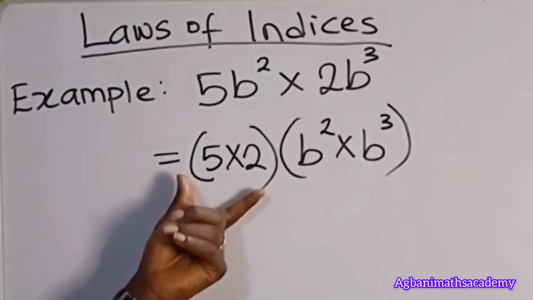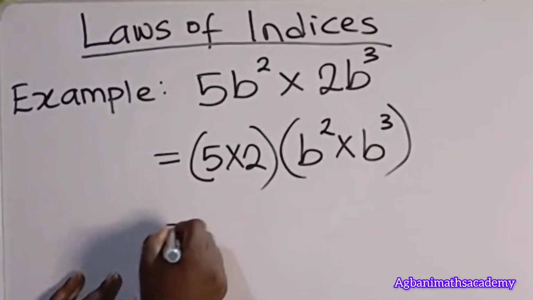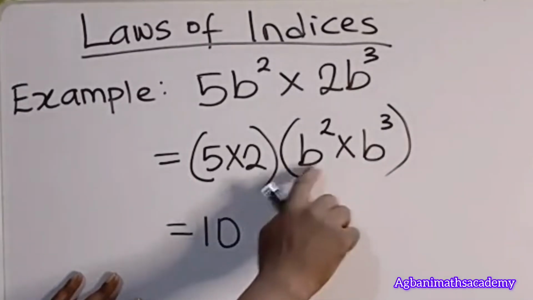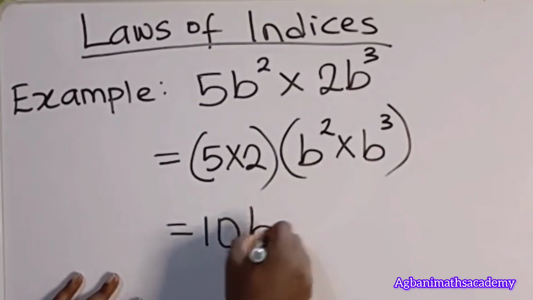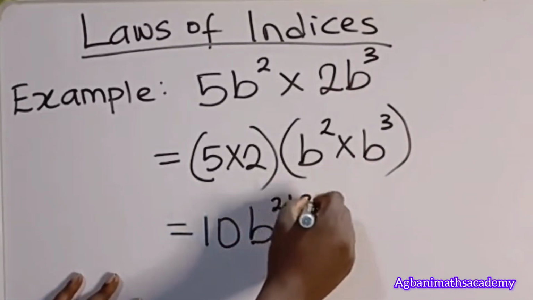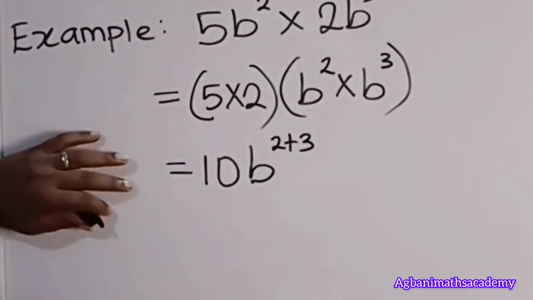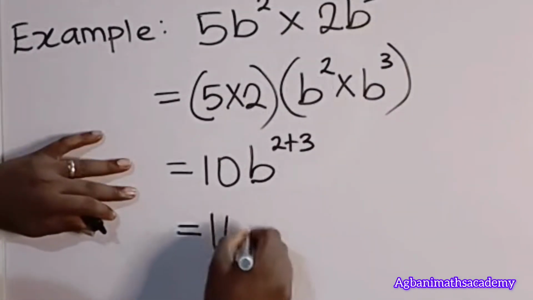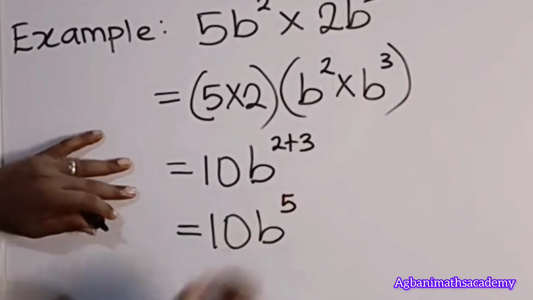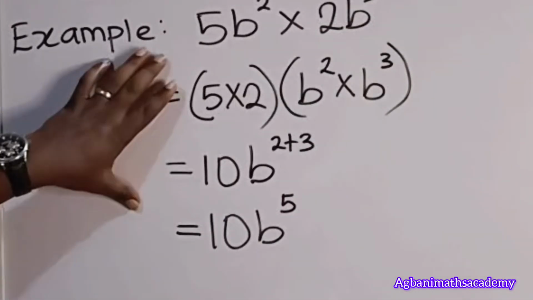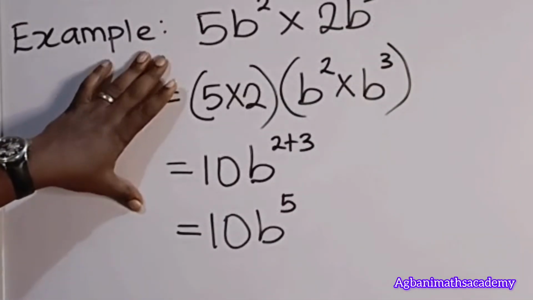So we can simply multiply the numbers. 5 multiplied by 2 gives us 10. Since the bases are the same, we have b to the power of 2 plus 3. And that will give us b to the power of 5. So this is the simple way of applying the law of addition.